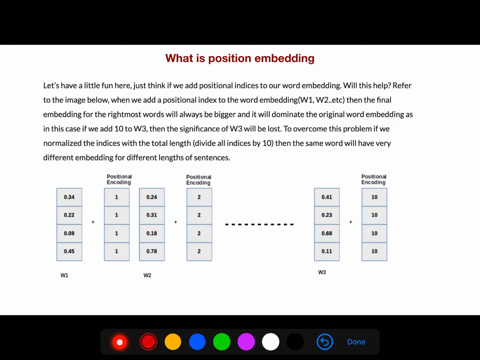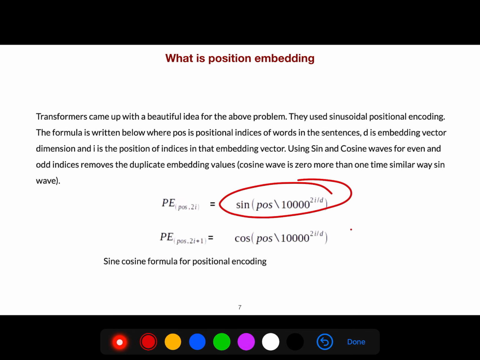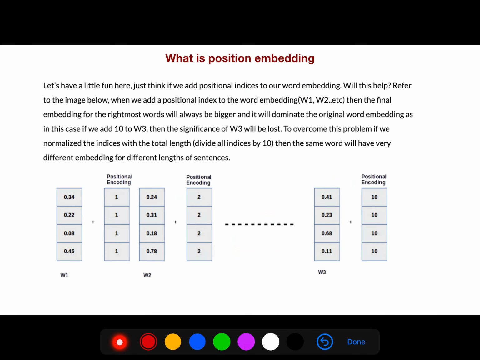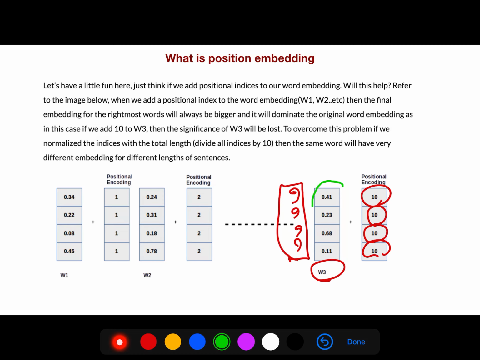So what is position embedding? For example, if we don't use this sine and cosine, do you know what happens? At time step, for example, 3 or 10, at time step 10 you're adding a very big number, or the previous one, 9. You're adding a very big number, so it ruins all these values.